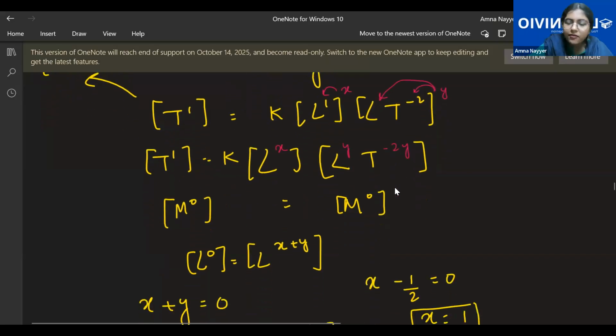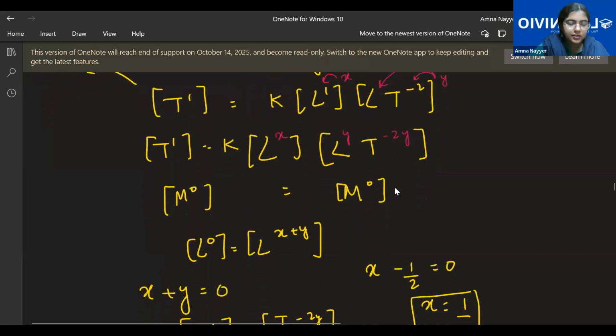Now comes the time where you equate both the LHS and RHS. Here the entire formula is M0, L0, T1. Here the formula, M isn't there. It means M0, you don't even need that, though I've just written it. Now L is also 0 here. Here L is x plus y.